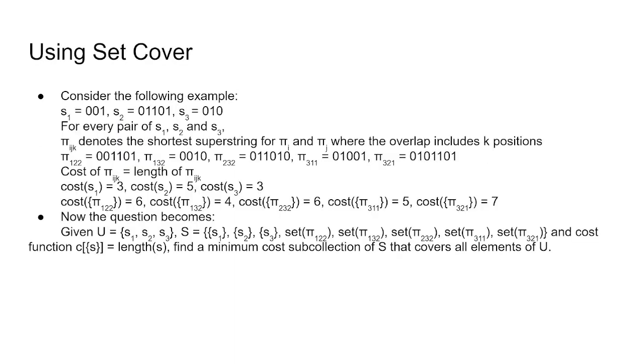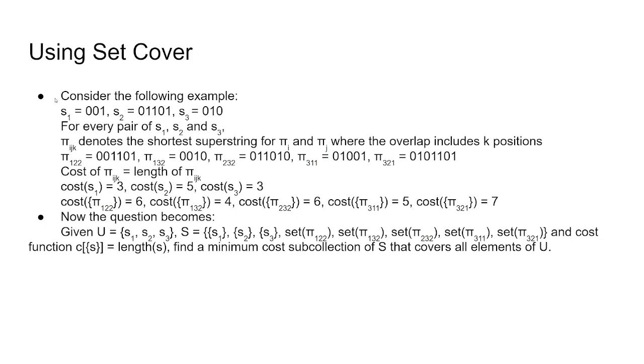Let's look at this more complex example. We have these three strings S1, S2, and S3. For each pair of S1, S2, and S3, we denote pi i j k as the shortest superstring for Si and Sj, where the overlap includes k bits or positions.